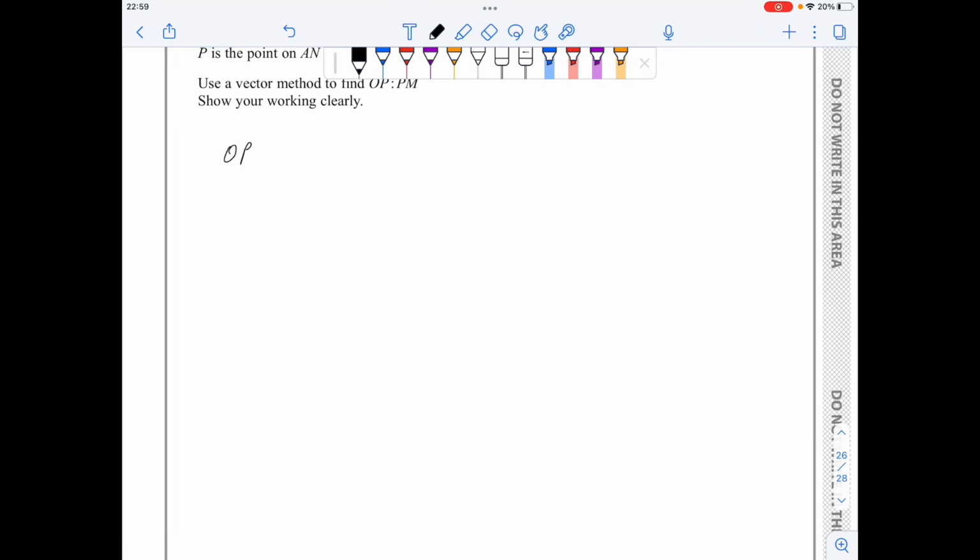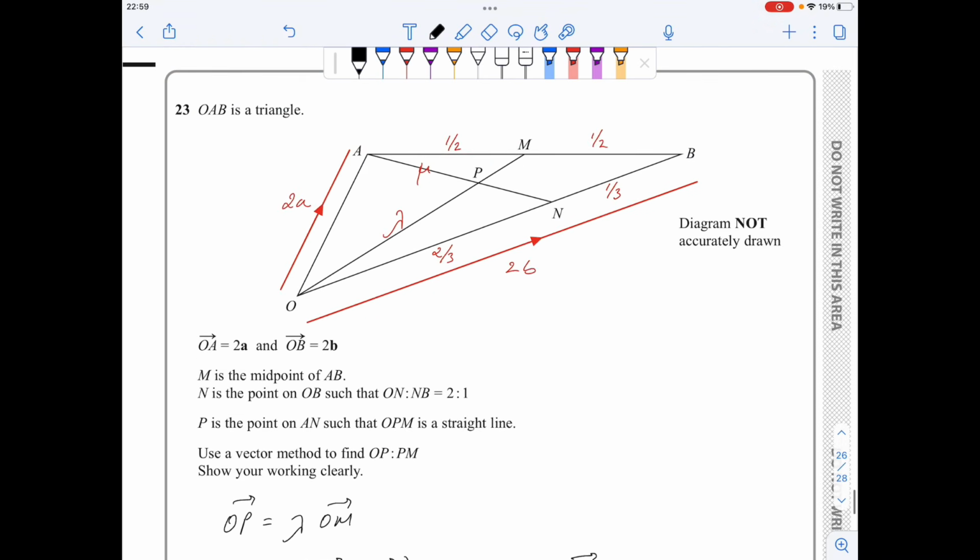to go from O to P directly. That's lambda times OM, which is lambda times, and OM is equal to OA plus AM. Now AM is half of AB. Let's find AB first. AB is minus 2A plus 2B.